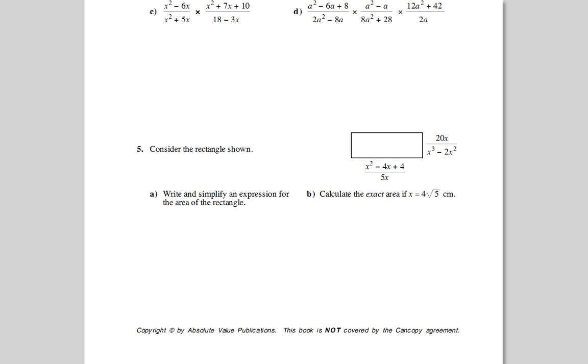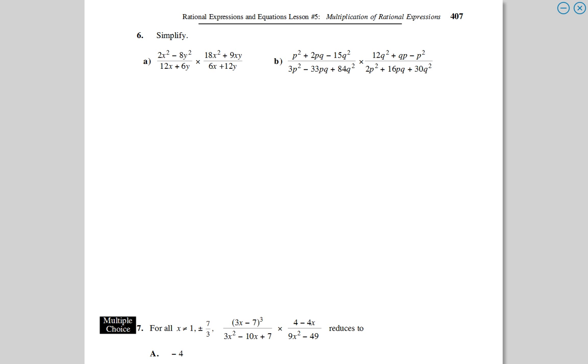Don't jump to 5. 5's easy. Guys, how would you do 5 if they want area? You take this guy and times it by that guy. Factor it, cancel it, simplify it, all that stuff. NPVs. Oh, 6. This is the Arnold Schwarzenegger stuff.